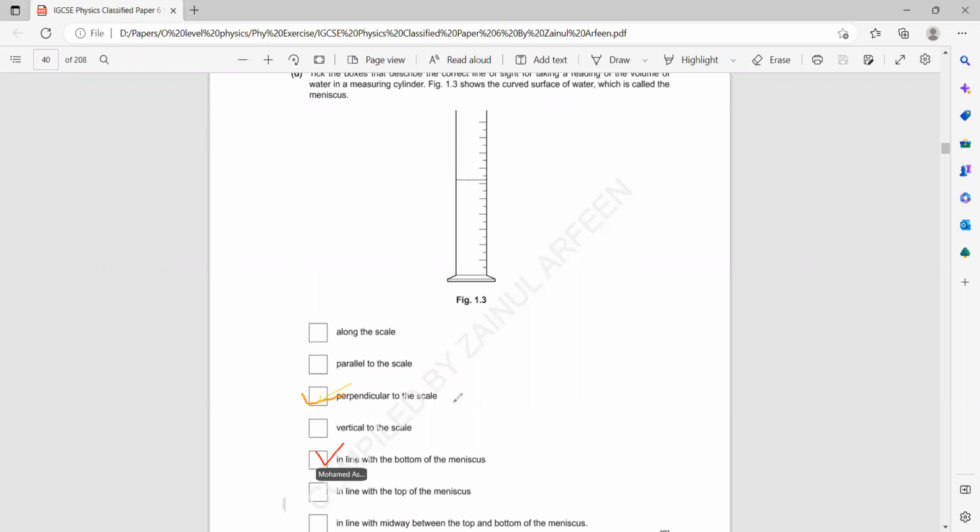We should look perpendicular and in line with the bottom of the meniscus. That's right. We should always look perpendicular, in line with the bottom of the meniscus, at our eye level. So this was the last part of the topic density.